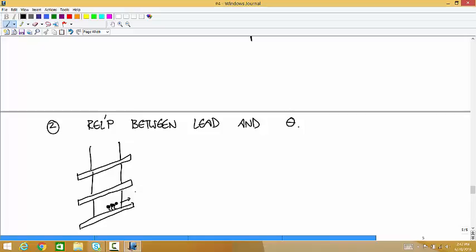So if he's making this trip around, he's going to go up here, he's going to go up the other side, and eventually he's going to end up directly above where he started, right?